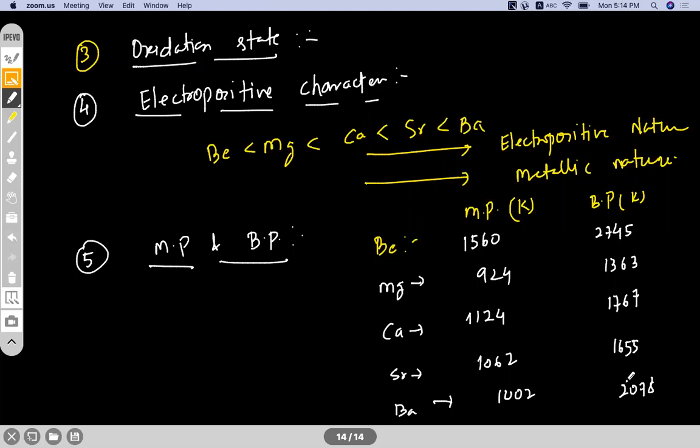you see the boiling point order is important here. Beryllium has maximum, and then we have barium. Okay, after beryllium, we have barium. These two things you must remember. Copy this down.